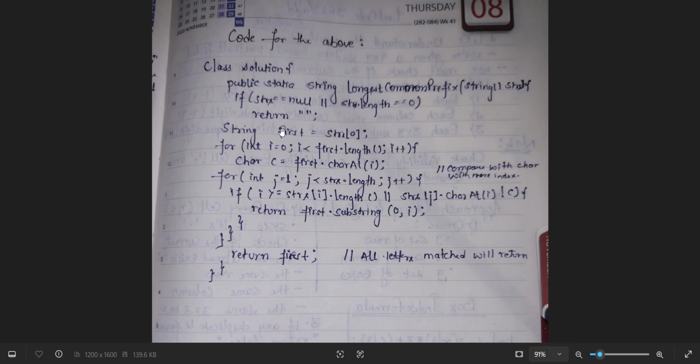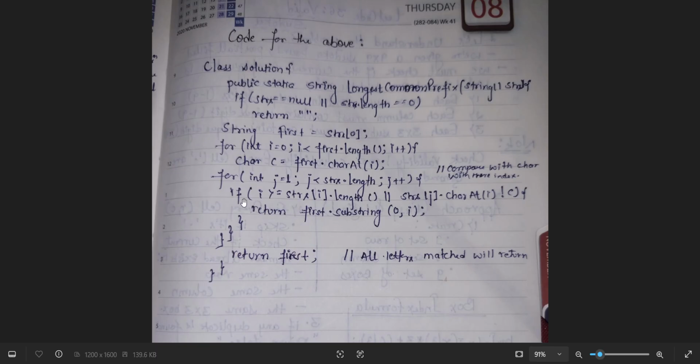Otherwise we take the first string, from index 0 to its length. So for i equals 0, up to the first string's length, i plus plus, whenever the character at i in the first string matches the character at i in the other strings, then we can proceed to the next. Otherwise we just return.